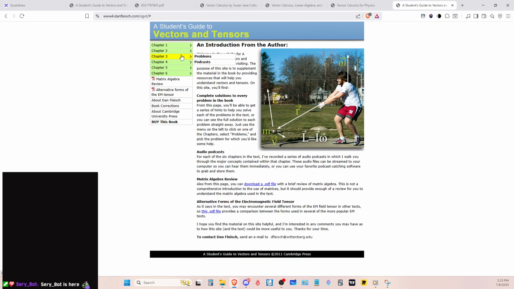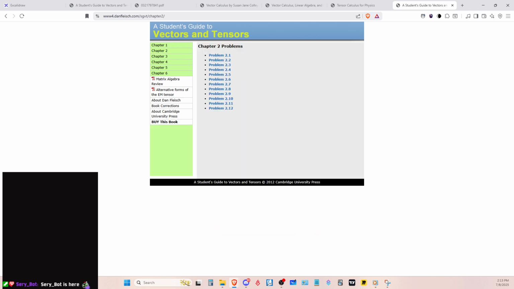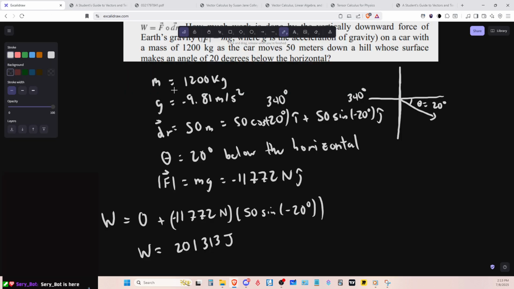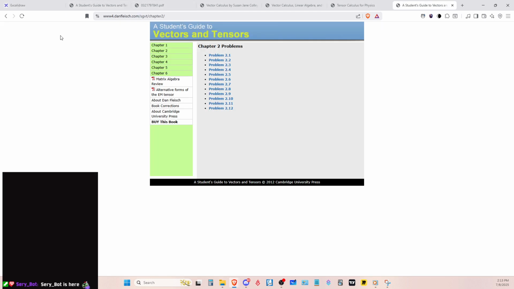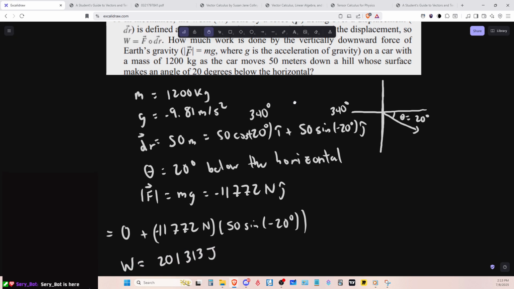Chapter 2 problems. And this is number 11 for 2. Oh, this is one of the last ones.